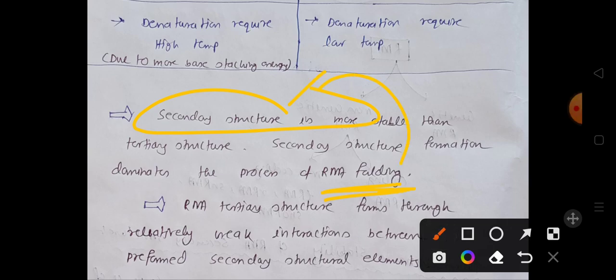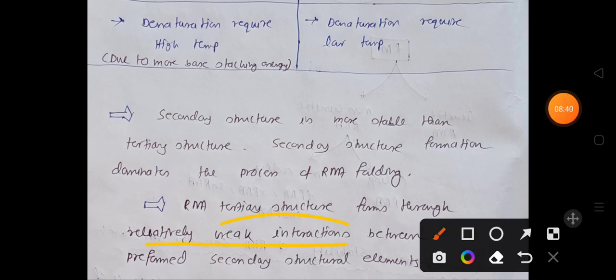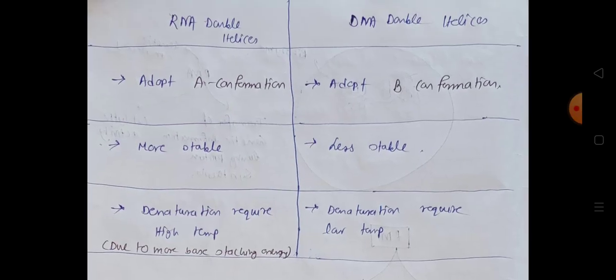Although tertiary structure also forms in RNA, those tertiary structures are very weak. The stable form of RNA is the secondary structure, but tertiary structure also forms, via weak interaction between secondary structures of RNA. Clear? So that's the thing. So here we have studied the secondary structure of RNA.